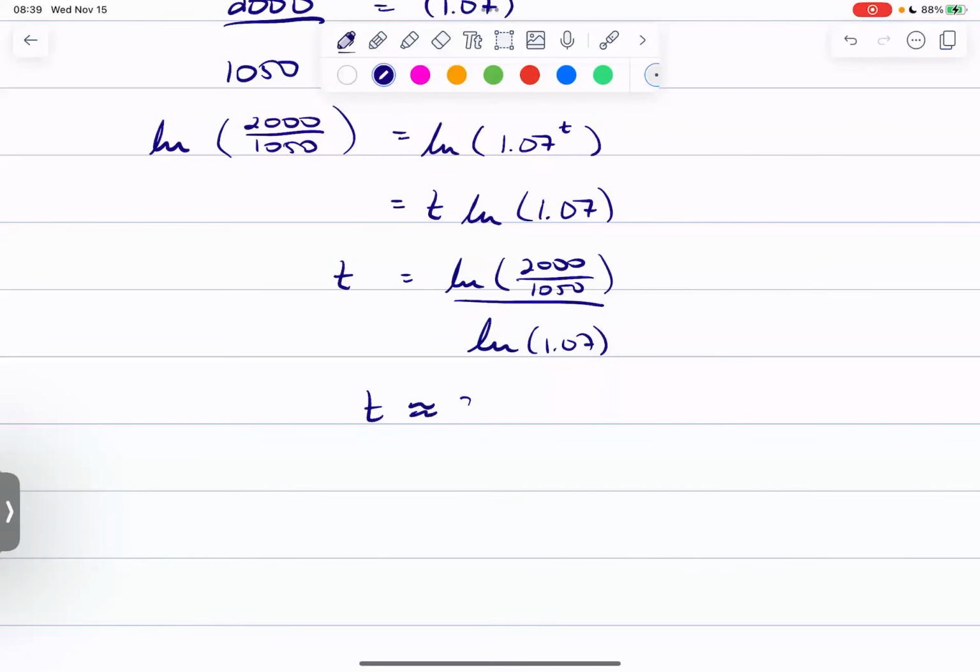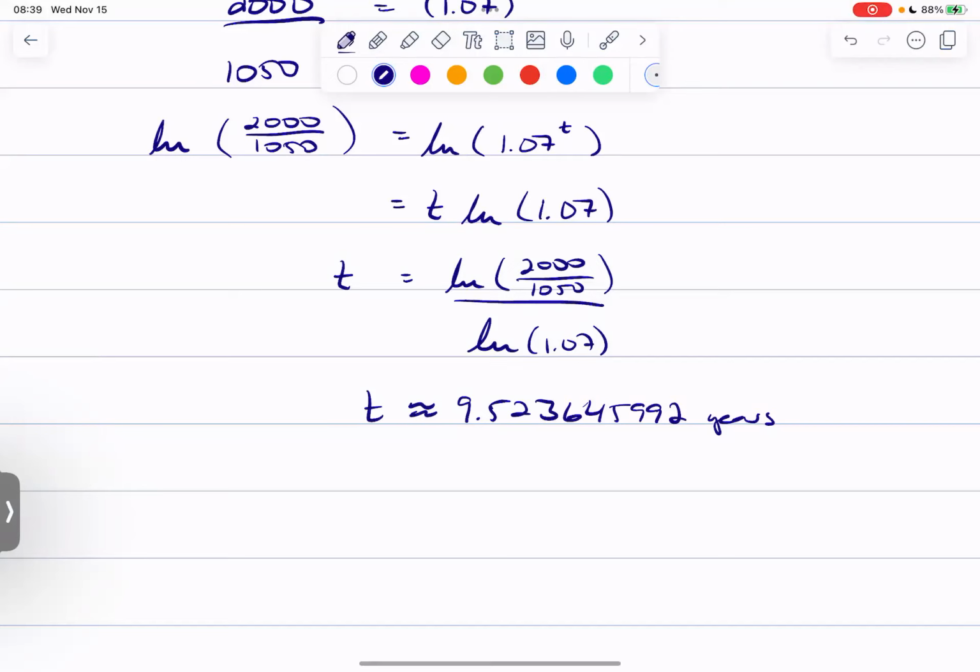T is approximately 9.523645992 years. Anything after 9.523645992 years, the tuition's greater than 2,000.